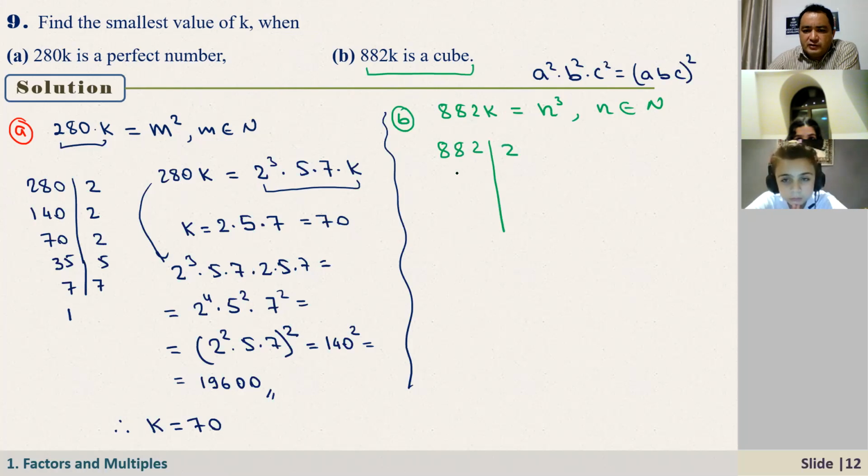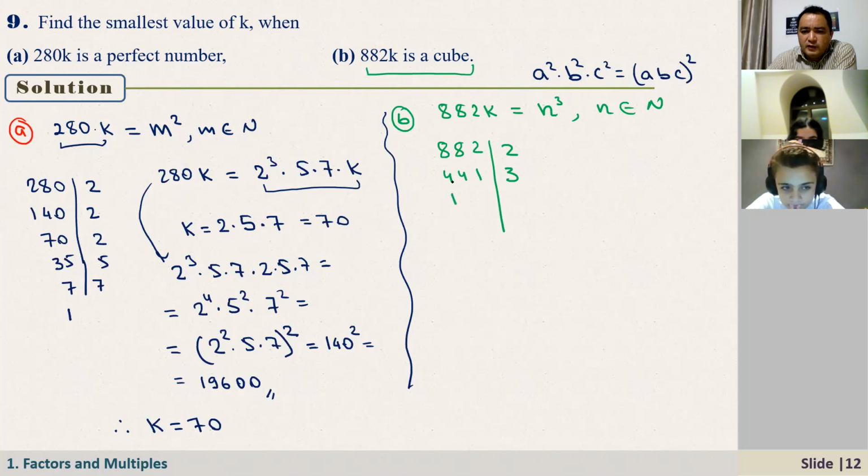Let's divide by 2. It is 441. Celine, 441, is it a square number? No. Are you sure? Is it divisible by 3? Yes, right?